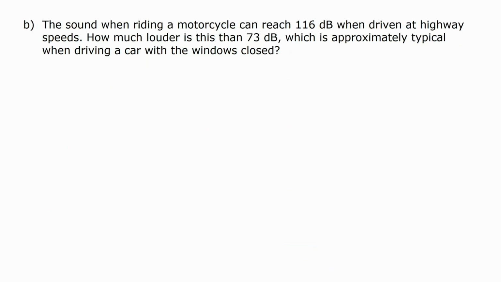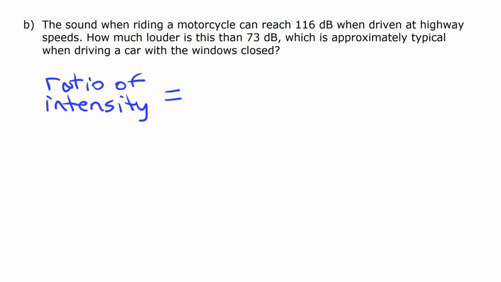All right? Our second part here, they say that the sound that a motorcycle generates for the rider can reach 116 decibels when you're driving at highway speed, whereas the typical car, when it's driving, might generate a sound that is 73 decibels. How much louder is the motorcycle than the car? Again, we can do the same thing here.